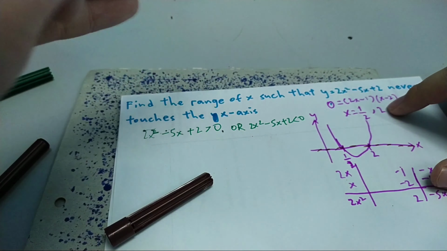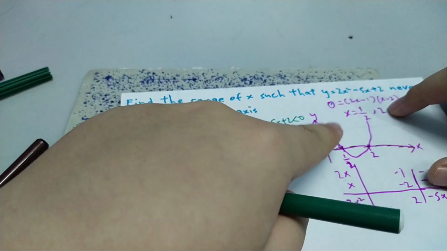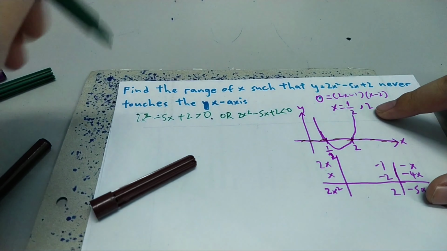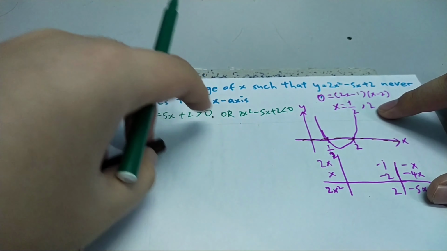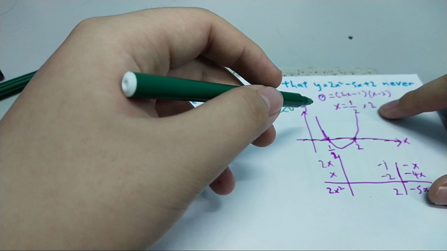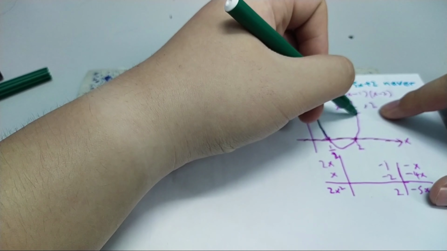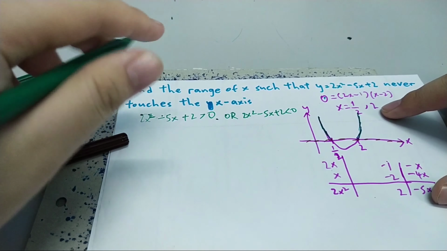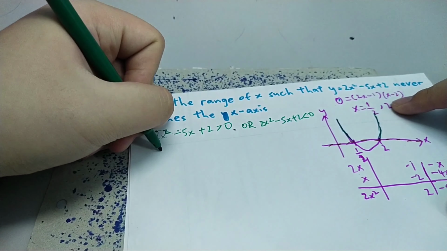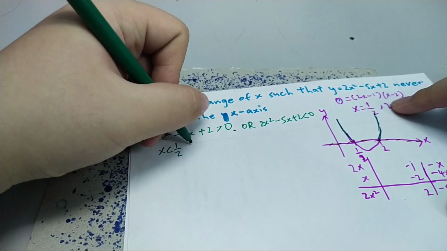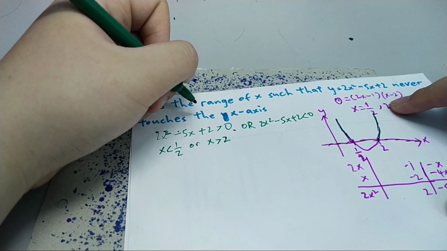So we could solve the quadratic inequality, but actually we don't need to because we already plotted the graph right here. 2x squared minus 5x plus 2 must be bigger than 0, which means we need to define the range of x for this part of the curve. So it's x less than 1 over 2 or x bigger than 2.